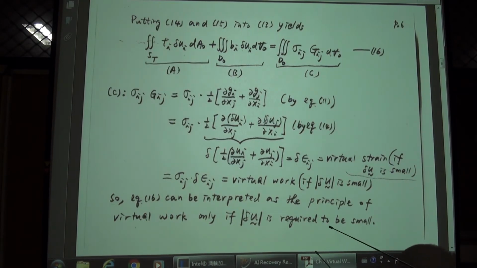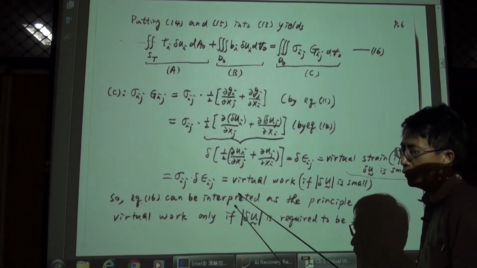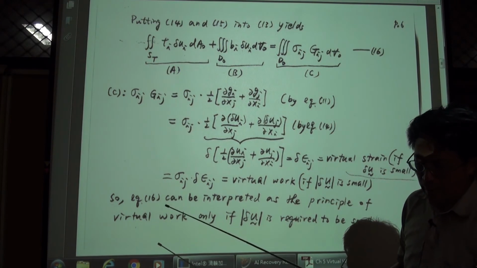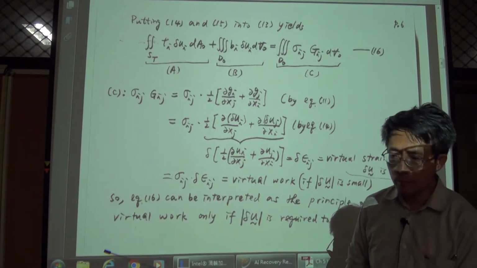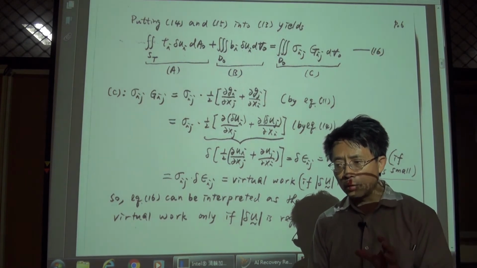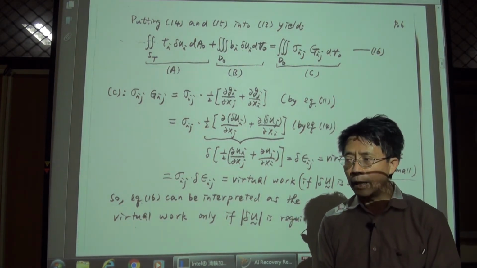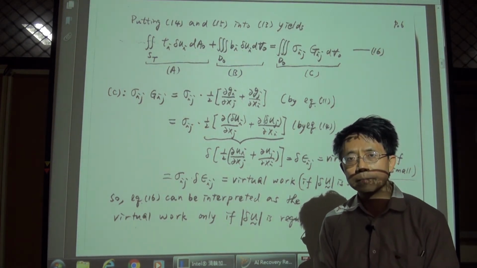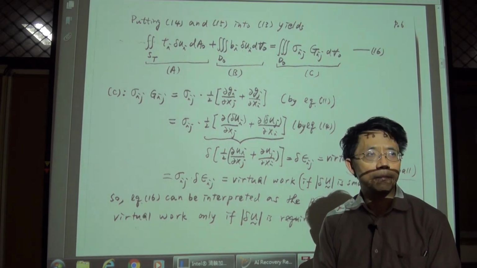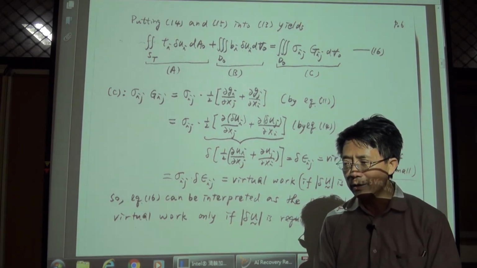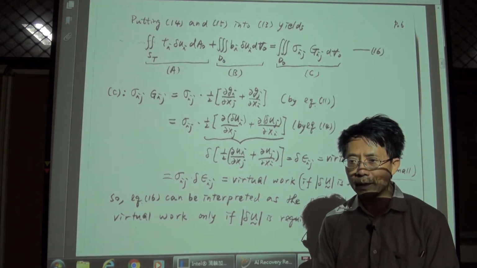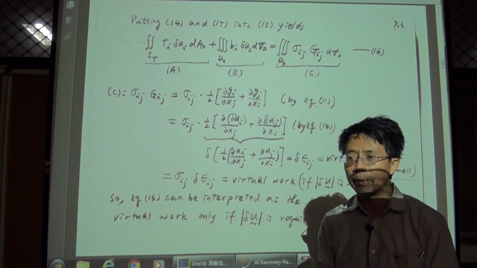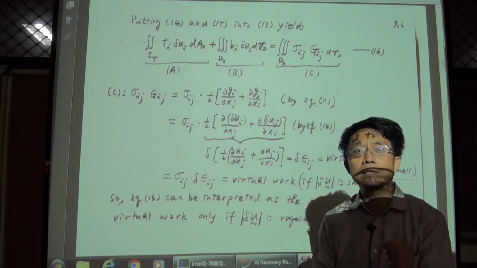I want to mention some more viewpoint here. In some books, the virtual displacement is said to be very large. The reason is that the author of the book will say that virtual displacement is just an imaginary thing because it is virtual, right?